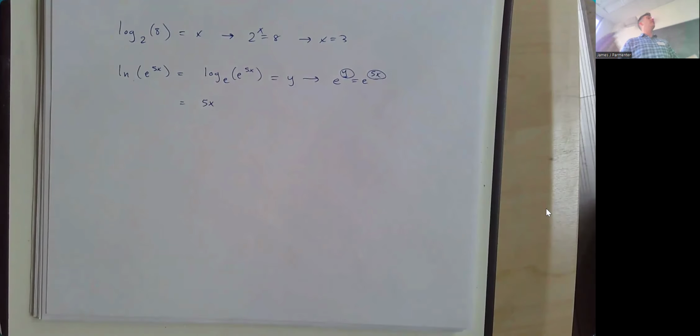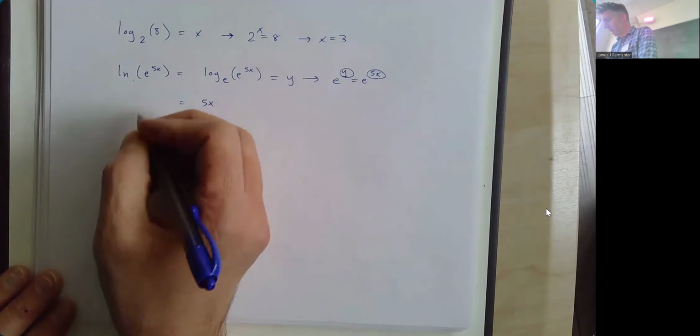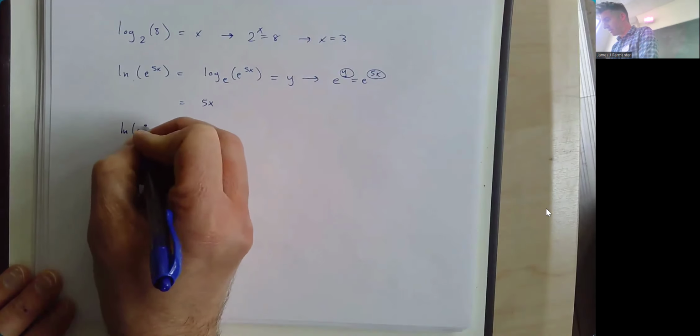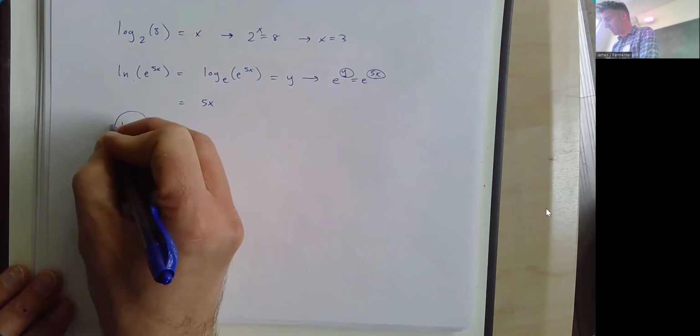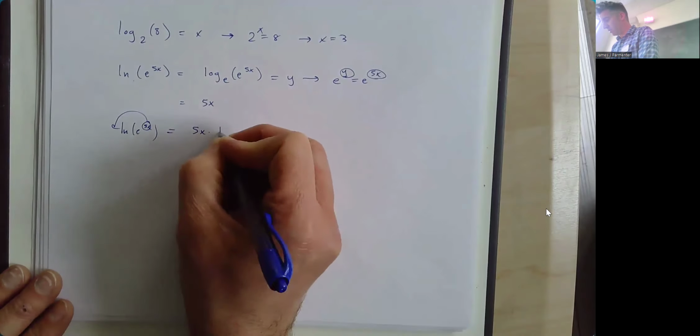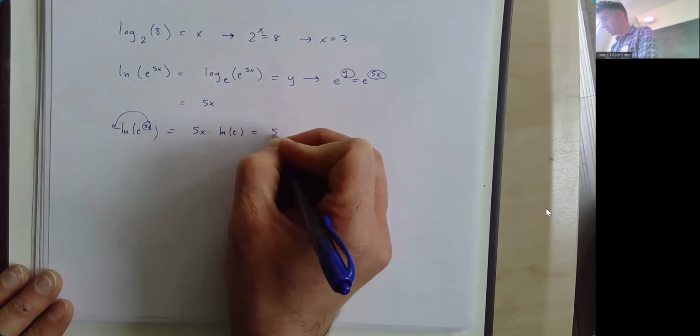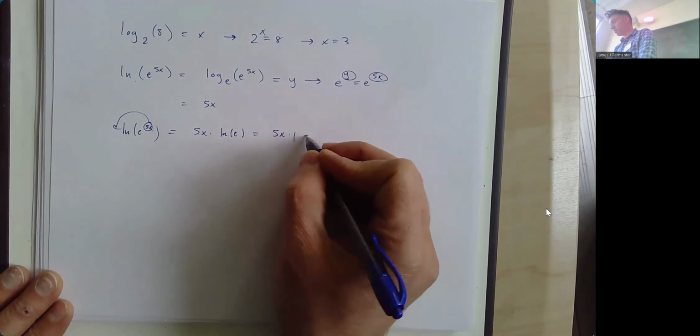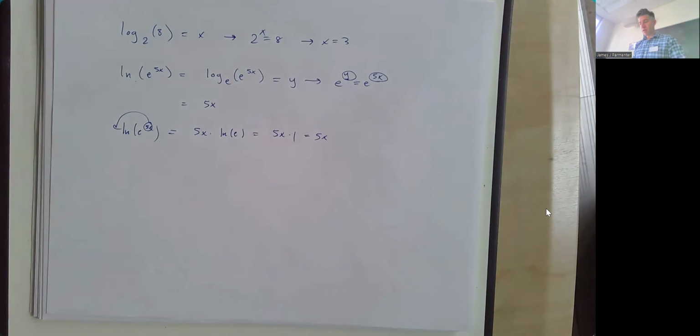Don't say cancel, say undo each other, and then you're left with whatever you've got. Or you could even bring that 5x down in front, and you get 5x times the natural log of e, but the natural log of e is just 1. So you get 5x. Thank you for asking, because you probably weren't the only one wondering how you do that.